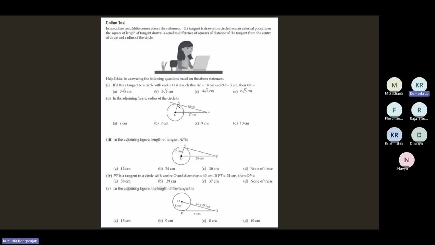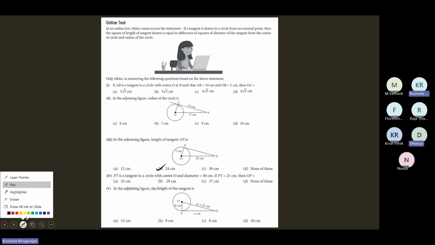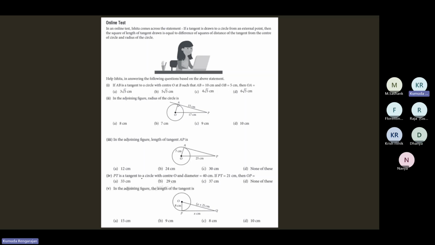Second one, 8 centimeter. Correct. 8 is correct, using Pythagoras theorem. Next one, 24. Correct. Pythagoras theorem. Next one, PT is a tangent. I'll just mark it in this figure itself.